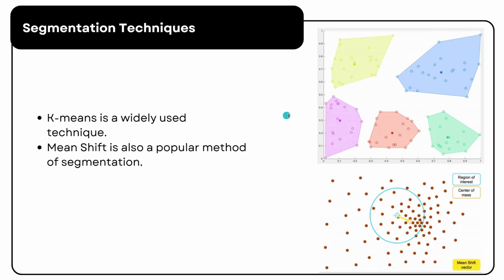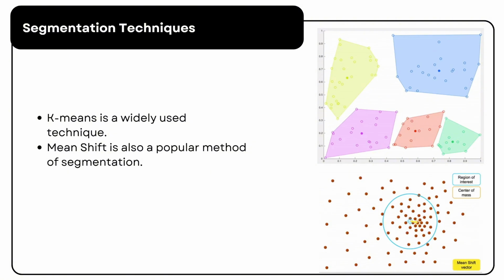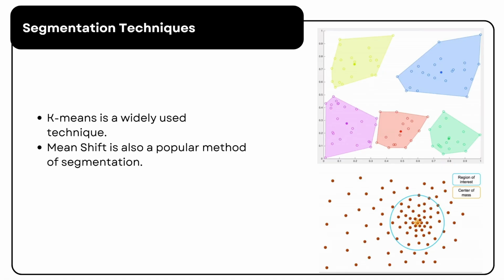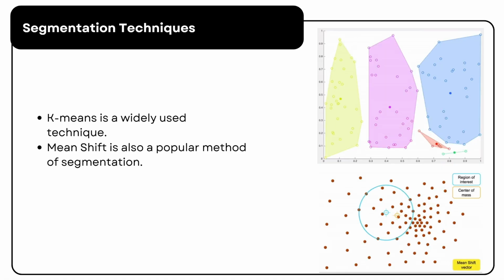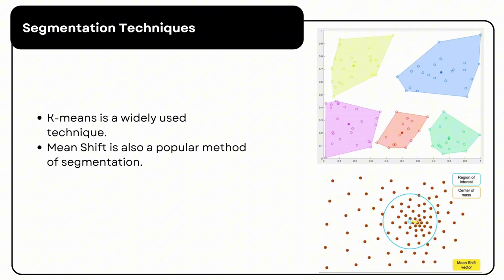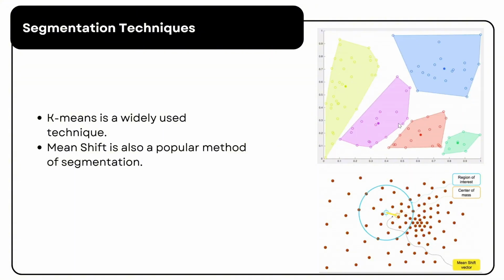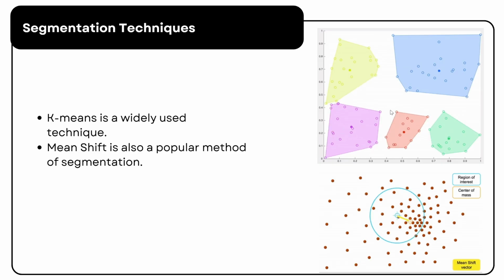K-means segmentation is one of the most popular and intuitive clustering techniques. The idea is simple. We choose a value k, which is the number of clusters we want to segment the image into, and the algorithm assigns pixels to the nearest cluster based on features like color or spatial proximity.